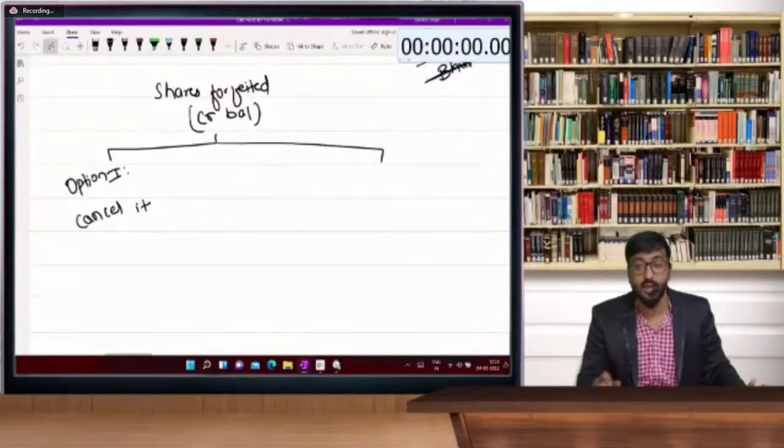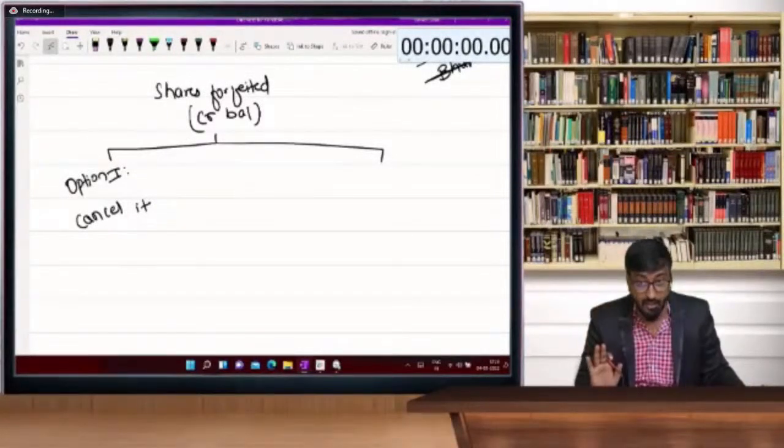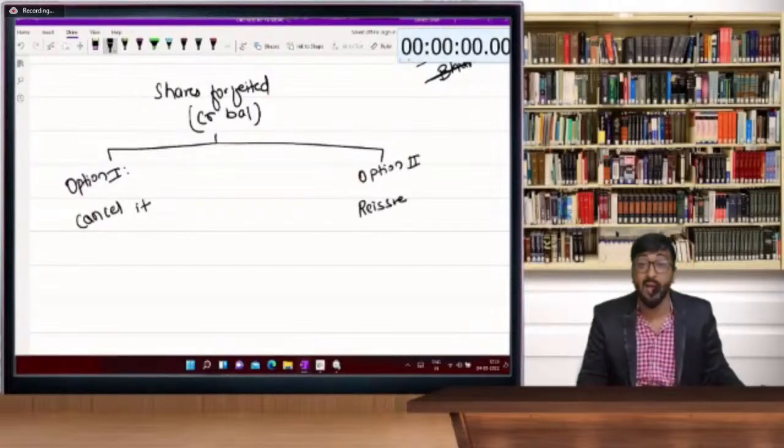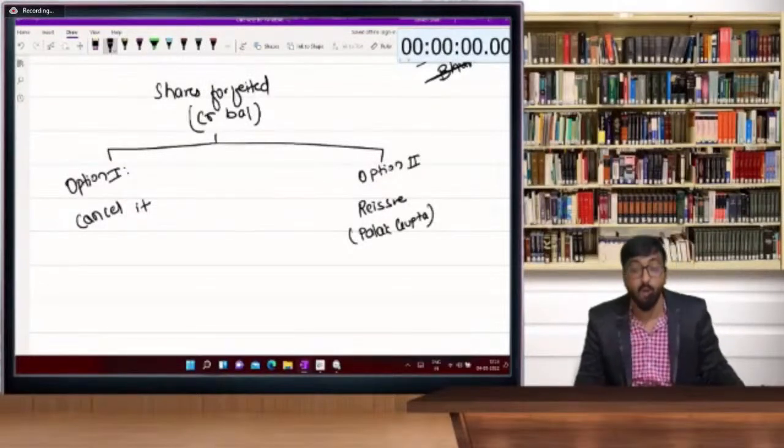So shares forfeited, always remember, credit balance. Option number 2, we can reissue. So I reissued it to Palak Gupta. So I cancelled the name of Bhumika and I reissued it to Palak Gupta.